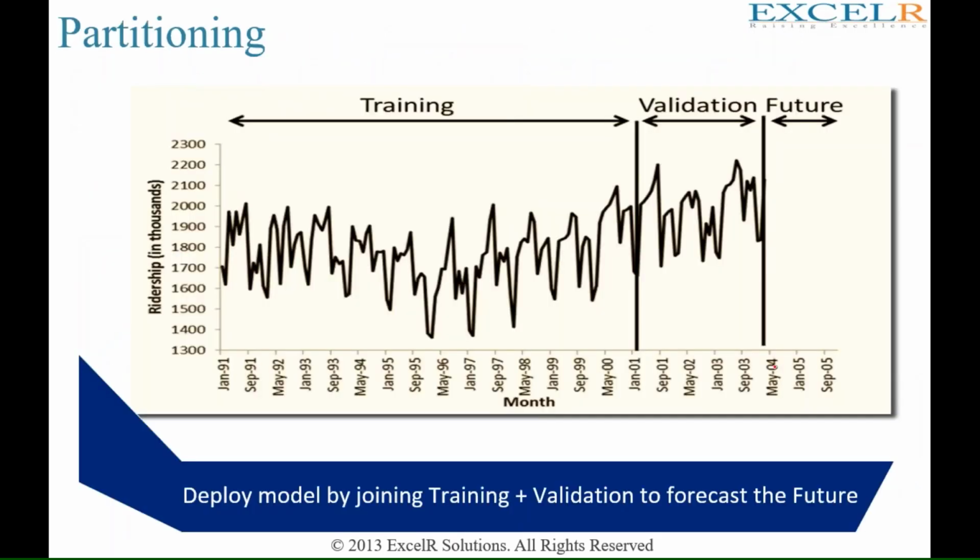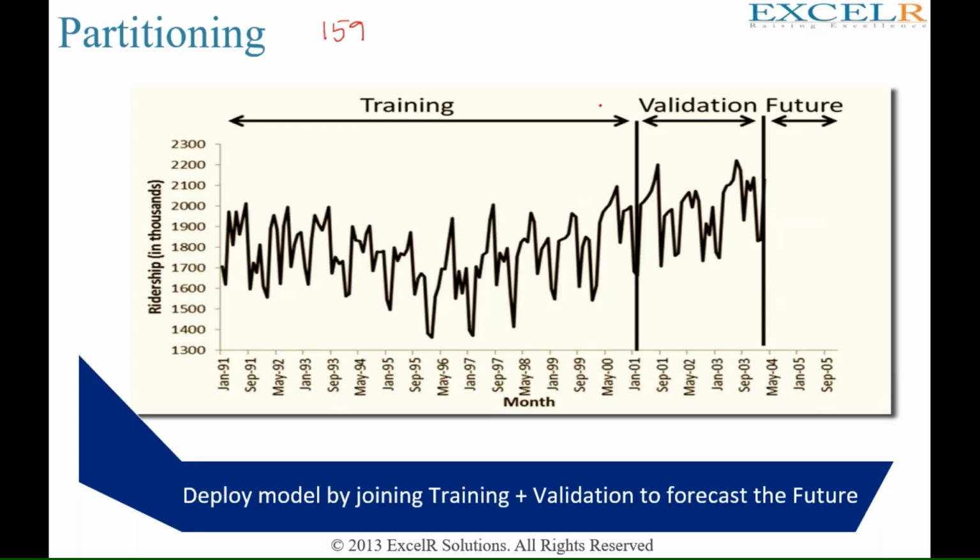This is how the data is. We have data from January 1991 until May 2004, in total 159 observations of Amtrak ridership data. You have the ridership on the y-axis and the time on the x-axis, so this is a time plot.